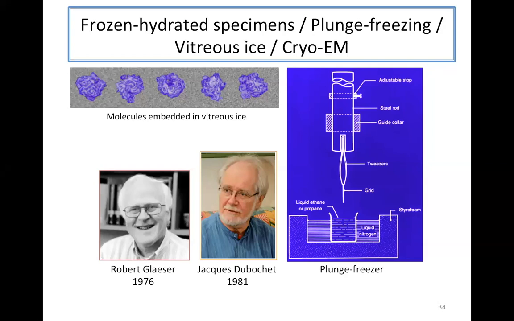So this is the big moment when the cryo techniques joined in. Jacques Dubochet is one of the important people here, but I also show Bob Glaser, who in 1976 came up with essentially a plunge freezing technique.